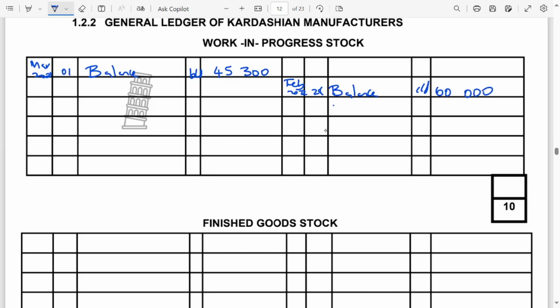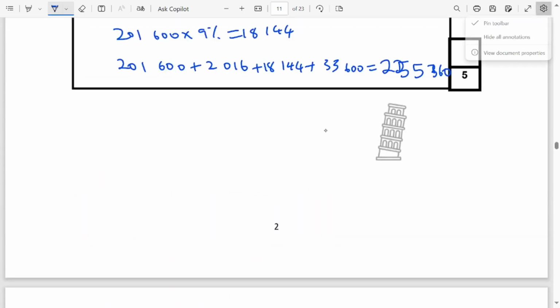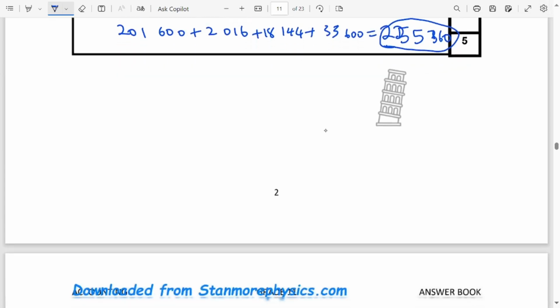Now, what else do we record on the debit side of the work in process? We record the direct material cost, direct labor cost, and the factory overhead cost. We did calculate the direct labor, which is 255,060.